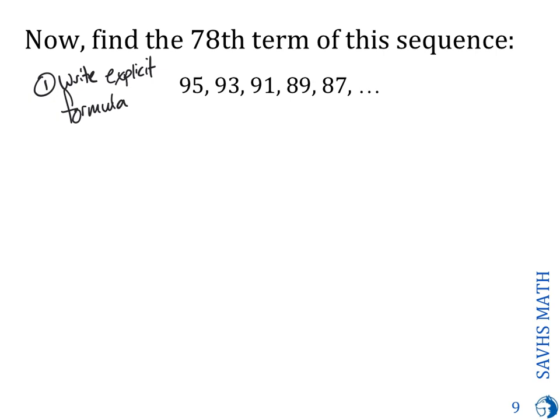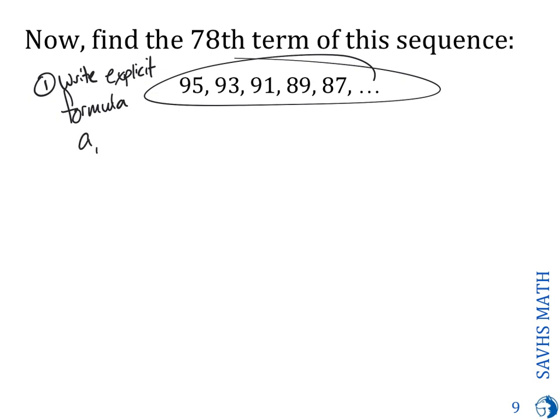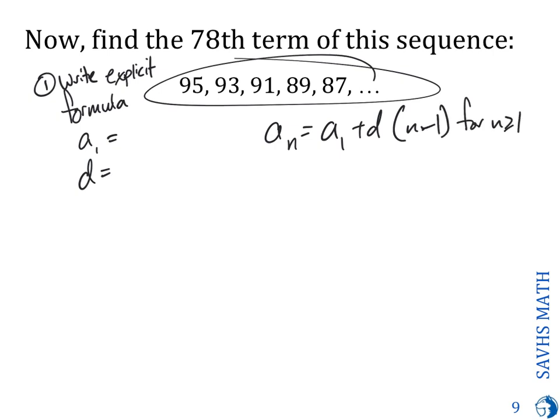We need to figure out, well, what is A1 and what is D? We're going to use the formula AN equals A1 plus D times n minus 1. So take a second, write out what A1 and D are. And now let's write our explicit formula.